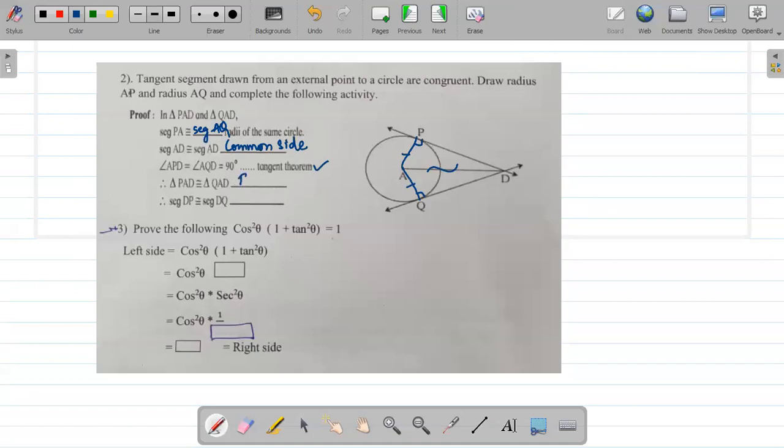They are congruent by the right angle hypotenuse side test, RHS test, 90 degree hypotenuse and side. Therefore, these two sides are congruent by which rule? It's the corresponding parts of congruent triangles, CPCT. Okay, that completes the second problem.